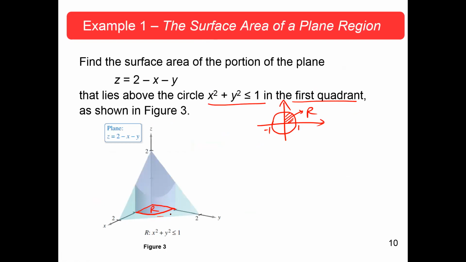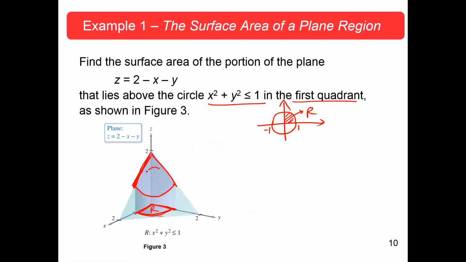And the straight plane lies above the xy plane. Correspondingly, this piece would match this piece on the straight plane, and this part of region R would match this part on that plane, if you simply project it.